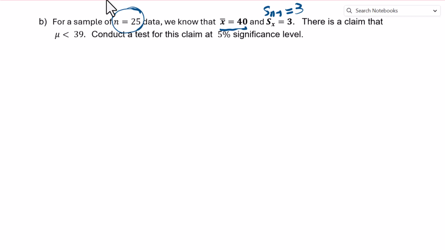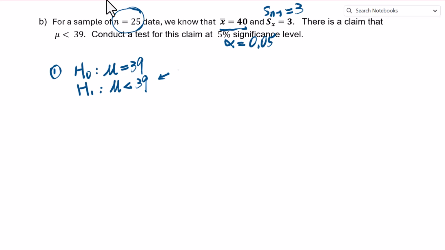Conduct a test for this claim at 5% significance level. Alpha equals 0.05. HO, mu equals 39. H1, mu less than 39. This is our claim.